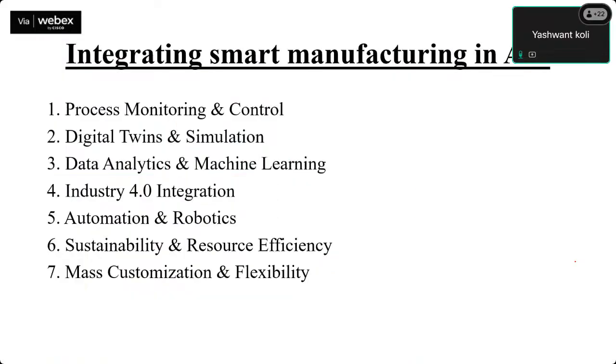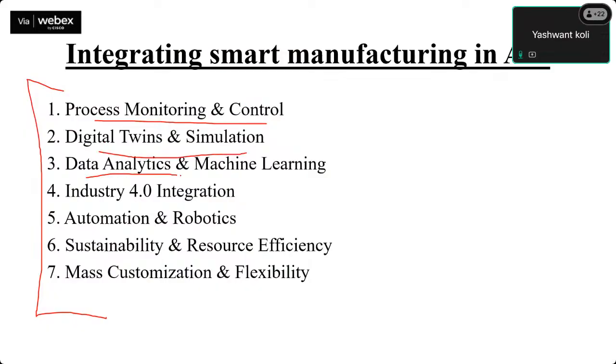So next is how we are integrating smart manufacturing in additive manufacturing. These are the seven main processes. First is process monitoring and control, so how process monitoring and control affects the quality of additive manufacturing. Then digital twins and simulation.